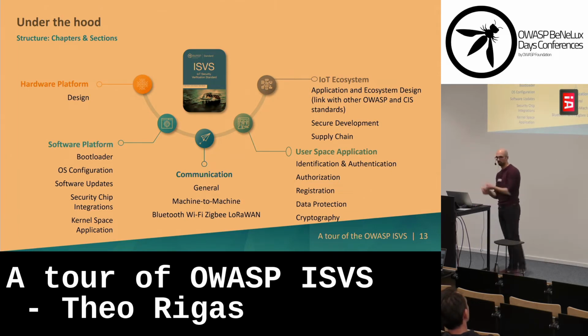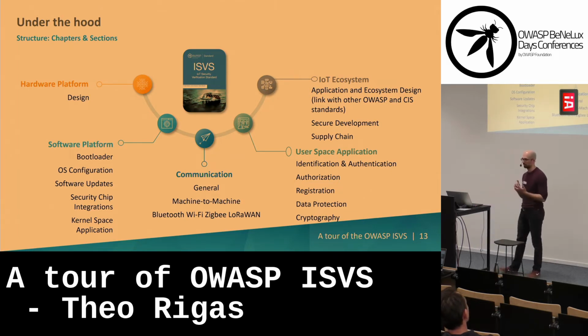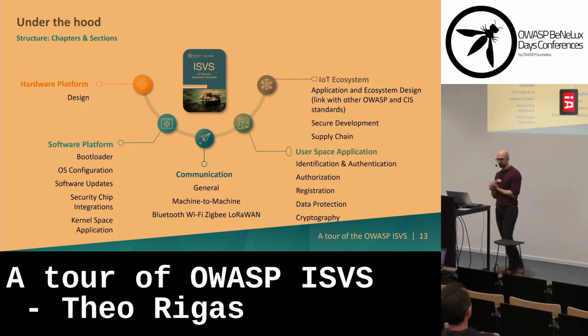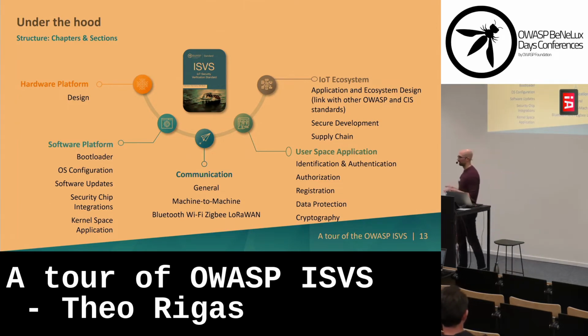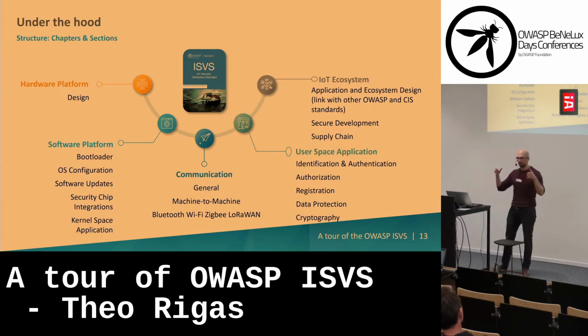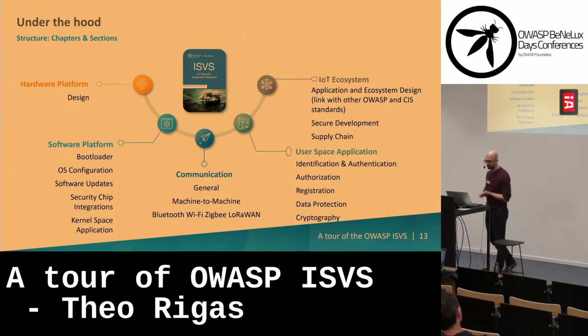You have your bootloader, you have your OS, you have your kernel, you integrate with other security chips, etc. So we have the hardware, we have the OS, then we build the communication layer. There you need requirements for example for TLS communication and for different communication technologies: Bluetooth, Zigbee, Wi-Fi, LoRaWAN, etc.